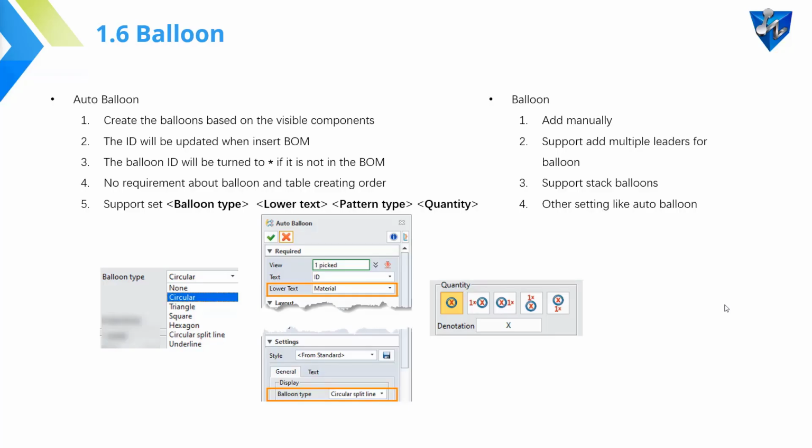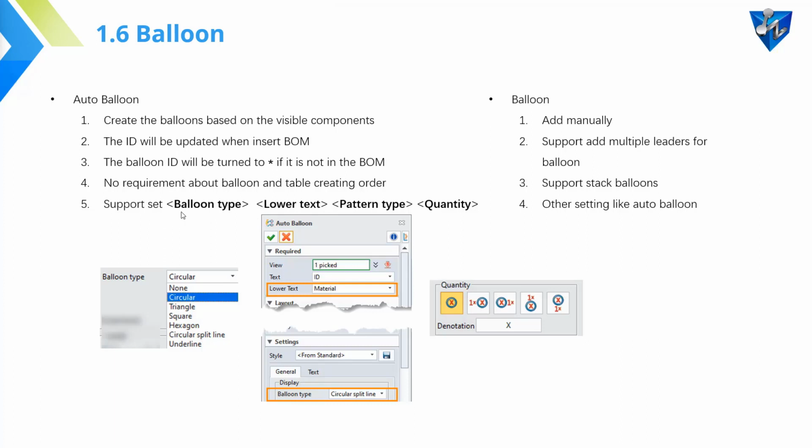Okay, I just showed you the BOM table and also the balloons in the sample. Here you can find that we support both the auto balloon and the manual balloon. And for the auto balloon, there is some detailed information you can check from this slide.